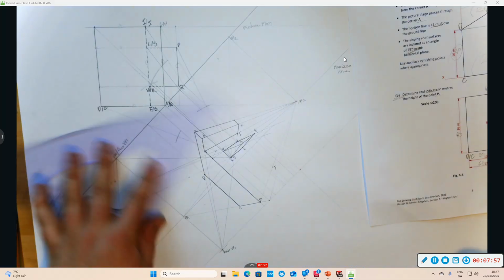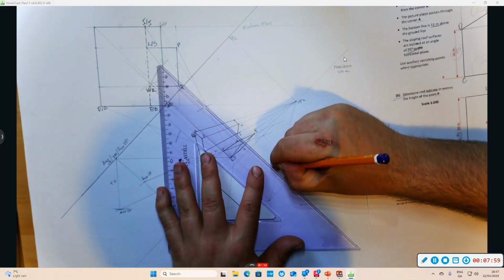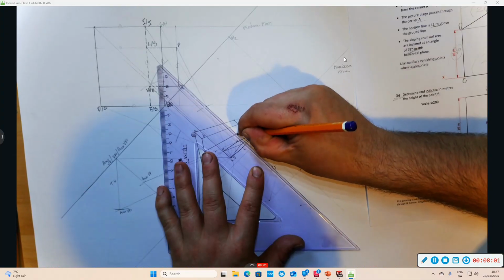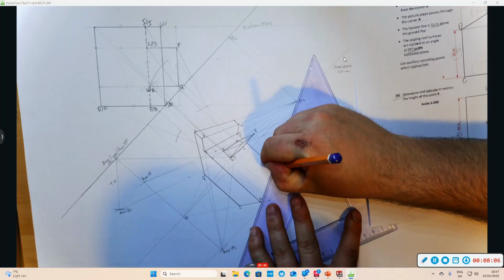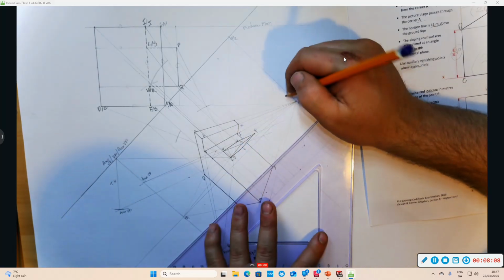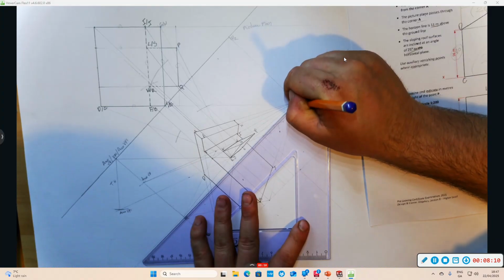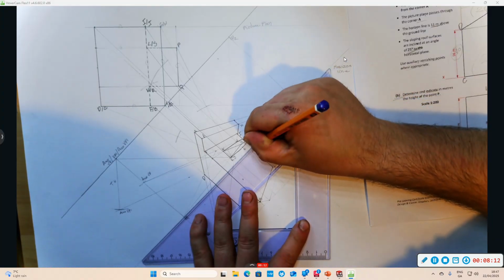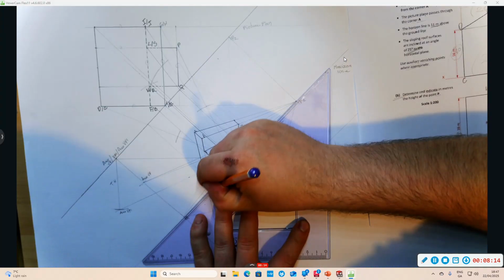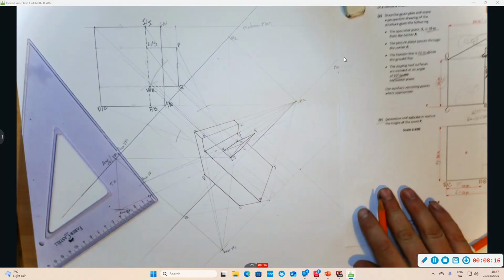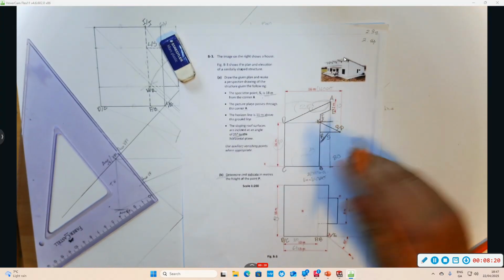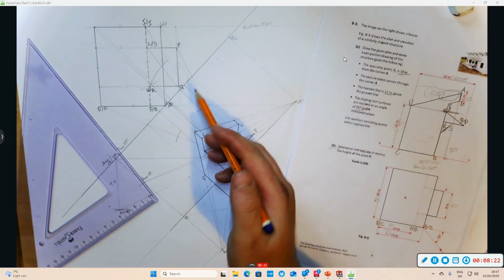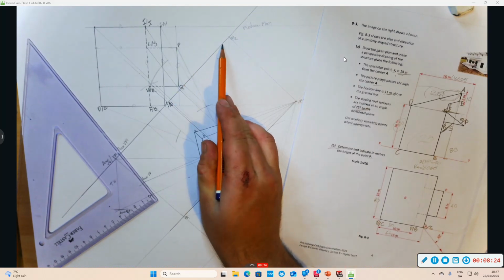Now, then we have this detail here. We can heavy that in. Now, next thing we have to do is determine the true height of point P. So any point on the picture plane is the true height.